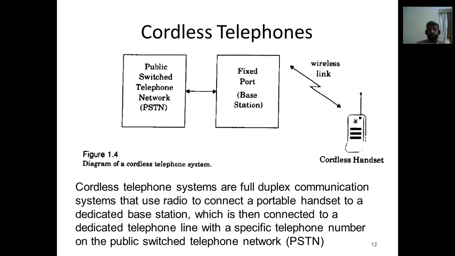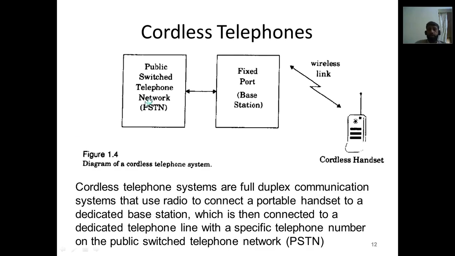Cordless telephone systems provide full duplex communication. Generally, a cordless telephone system is established as two different units. One is the mobile unit and the second one is the fixed unit, which serves as the base station.